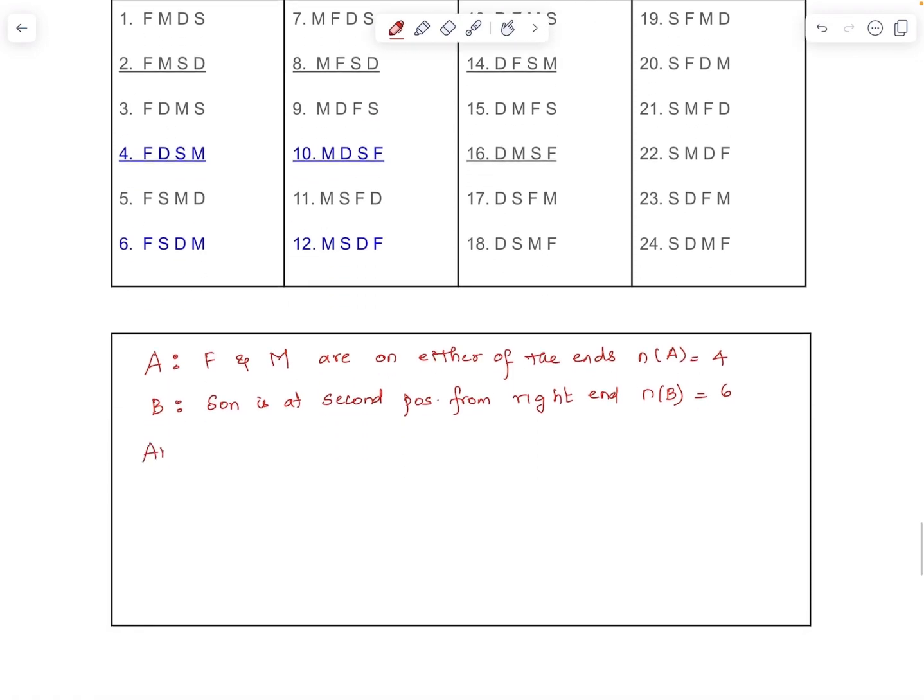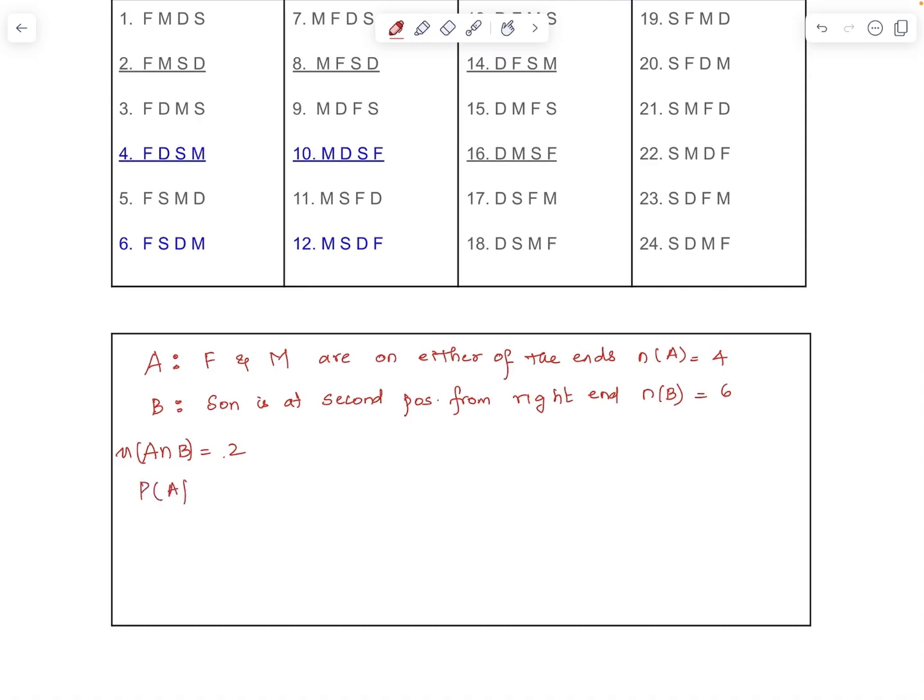A intersection B refers to the arrangements or the event where father and mother are on either of the ends and son is at the second position from the right. N of A intersection B is equal to 2.